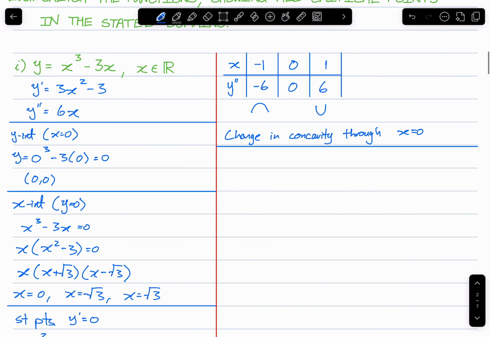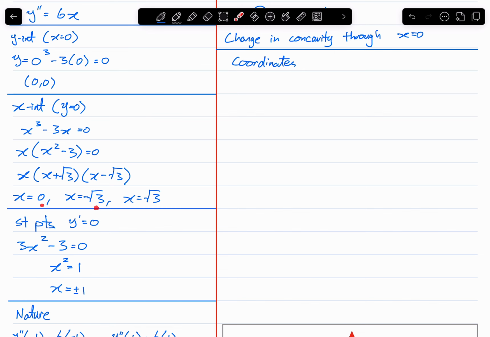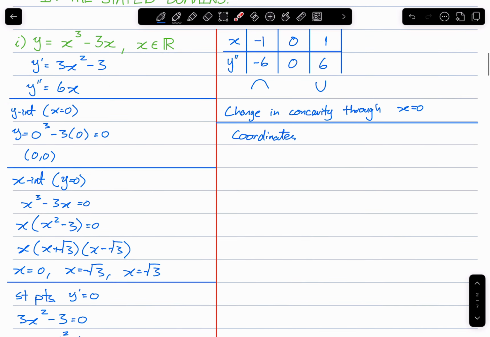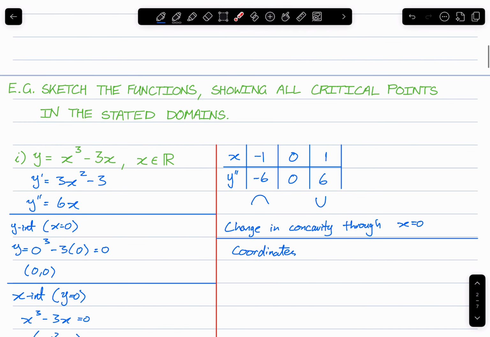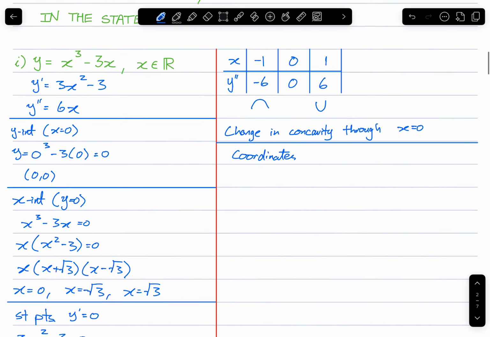And lastly, we get the coordinates of all the points that don't yet have coordinates. So we already know our x-intercepts here. They're going to be (0, 0), (-√3, 0), (√3, 0). We have (0, 0) again here. But it's the stationary points that we need y values for.